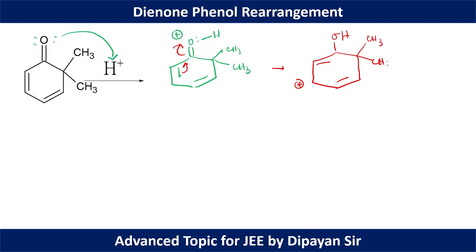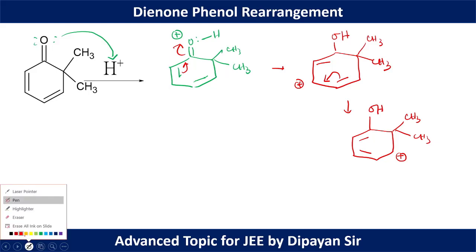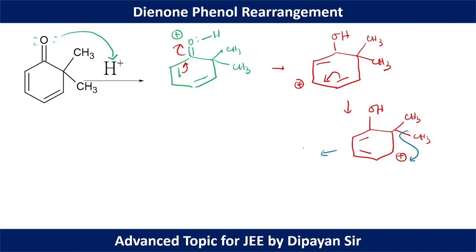Okay, again this carbocation is resonance stabilized, so this pi bond can shift and this kind of intermediate is going to be formed. Now one of the methyl groups will migrate and we have this kind of situation.